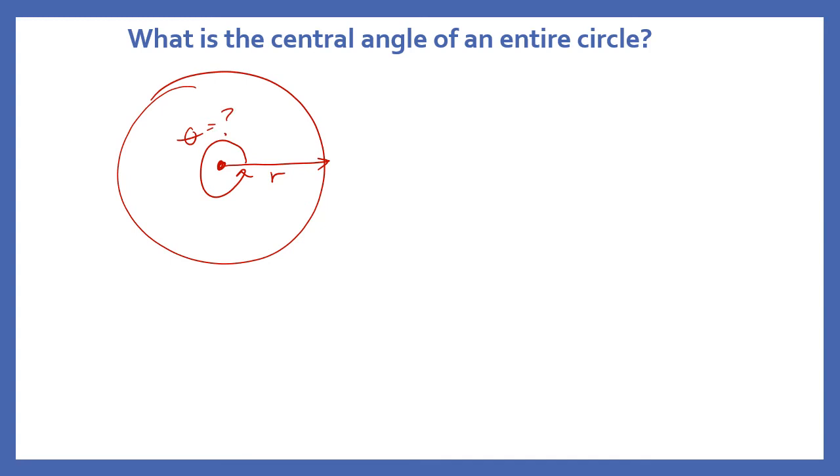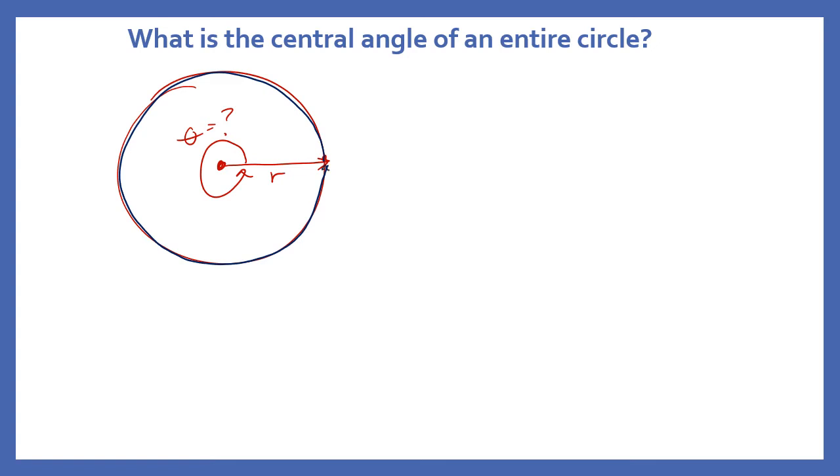Well, there is a formula that we can use for arc length, even though it's not called arc length. So we want to know what that angle is. Well, what's the arc length? I can go all the way around. That would be my arc length of my angle.